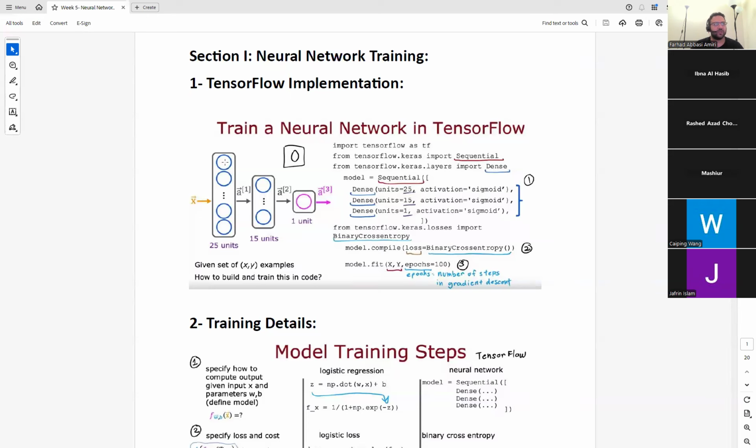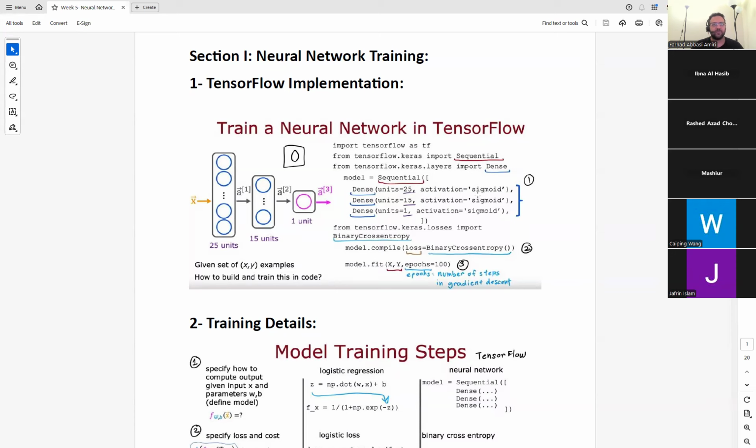For the first layer, we use the Dense function. Dense is a type of layer. How many units do we have on this dense layer? 25 units, so units equal to 25. And then the activation is, let's say, sigmoid, because in the previous session we just used the sigmoid function as an activation function on each node.